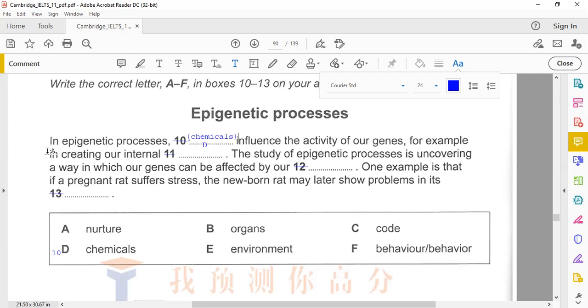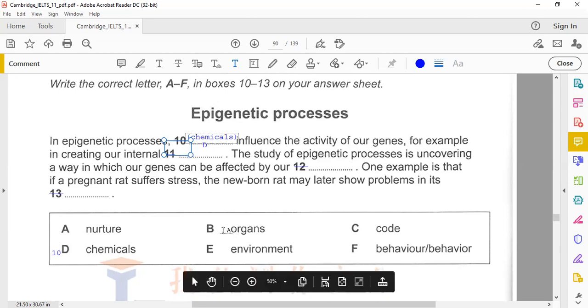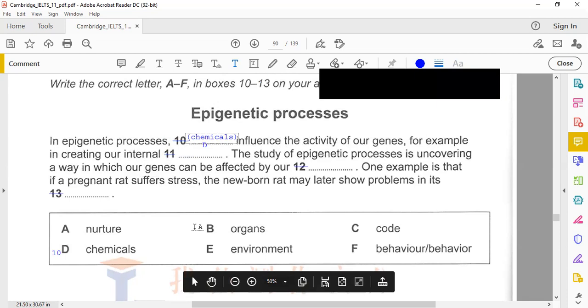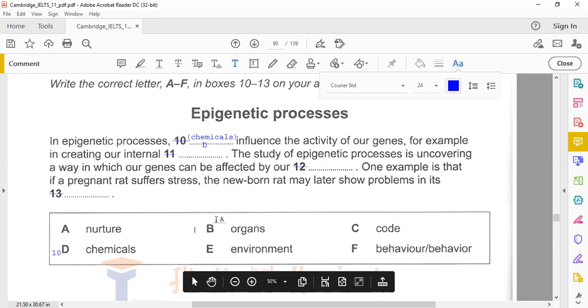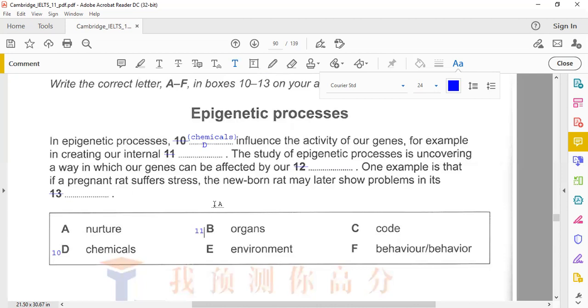Then in epigenetic process, chemicals influence the activity of our genes, for example, in creating our internal what? Organs.